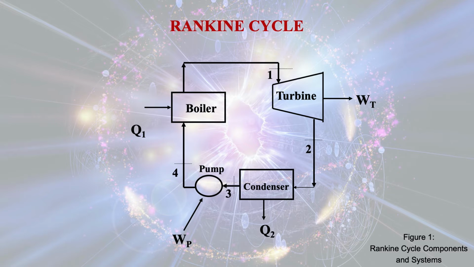Now at point 2, the low temperature, low pressure steam, after expansion inside the turbine, comes out from the turbine and enters into the condenser.